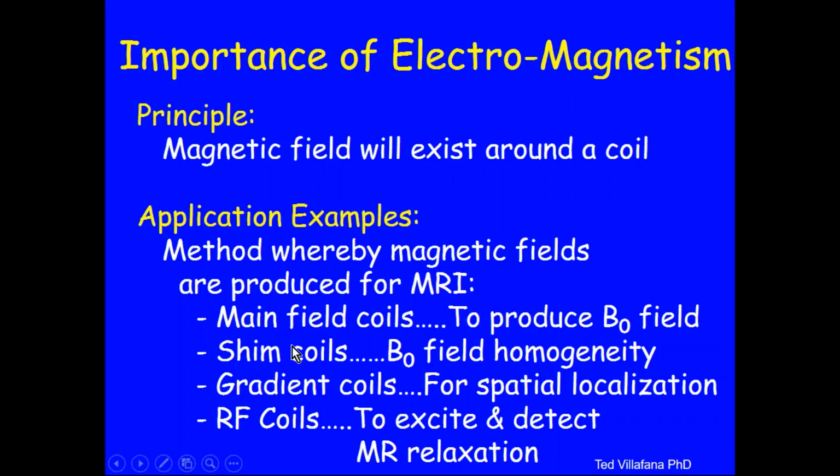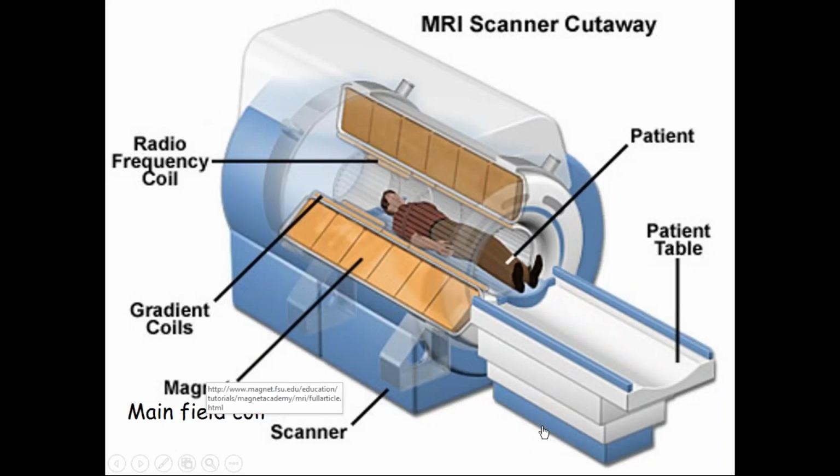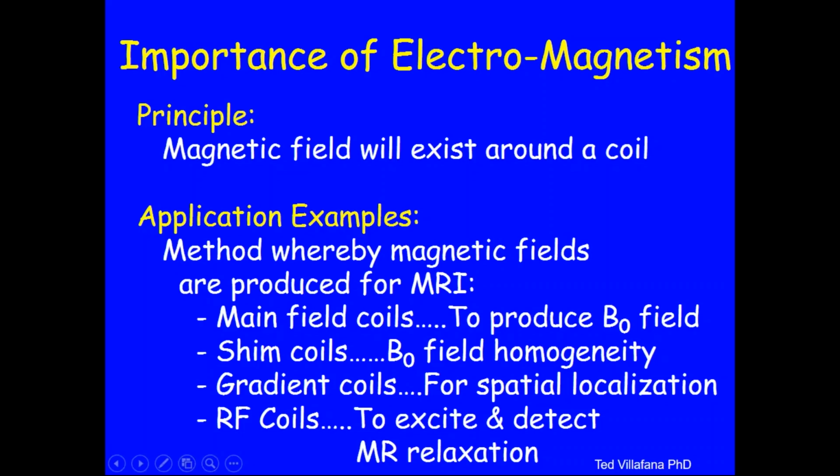The ones that you hear least about are the shim coils. Those are coils that are used to produce homogeneity. The image quality is going to depend critically on how homogeneous the field is, and the way we tweak the field is with these so-called shim coils.